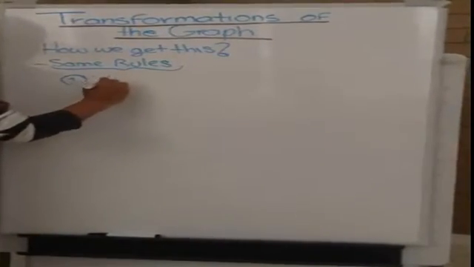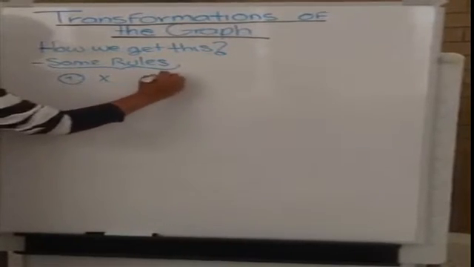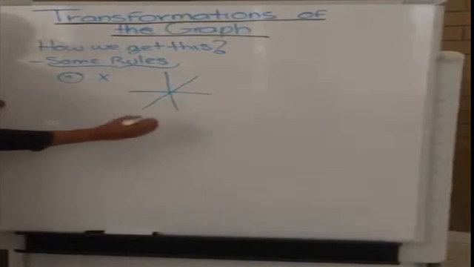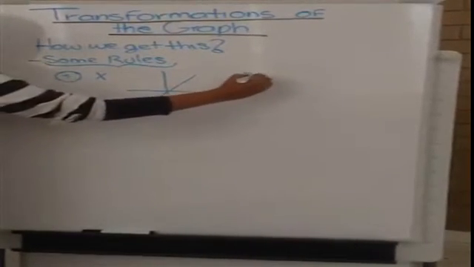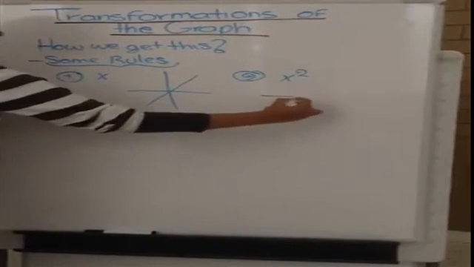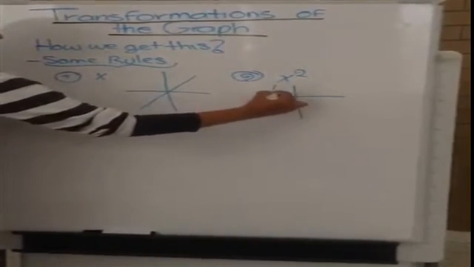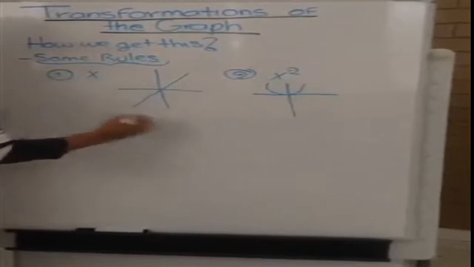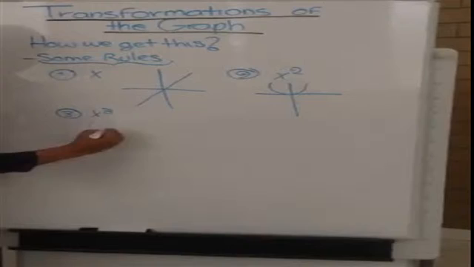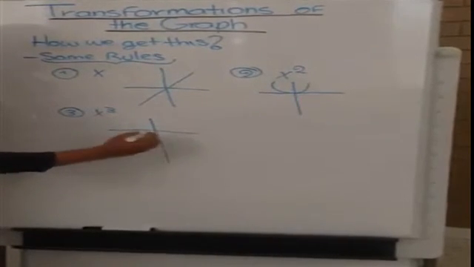First, you need to know the value of x. When you have x, your graph always will be like this. Then, when you have x squared, your graph always will be like this. Then, when you have x cubed, your graph will be like this.